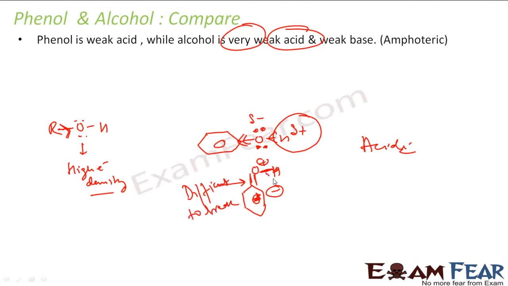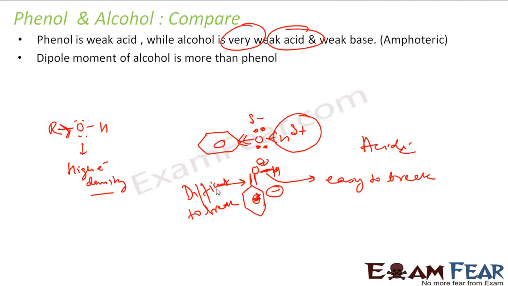But this bond is easy to break. Why? Because this OC bond has got partial double bond character, and that's why the CO bond length is also less due to resonance. Correct? And the dipole moment of alcohol, if you see, is more than phenol.